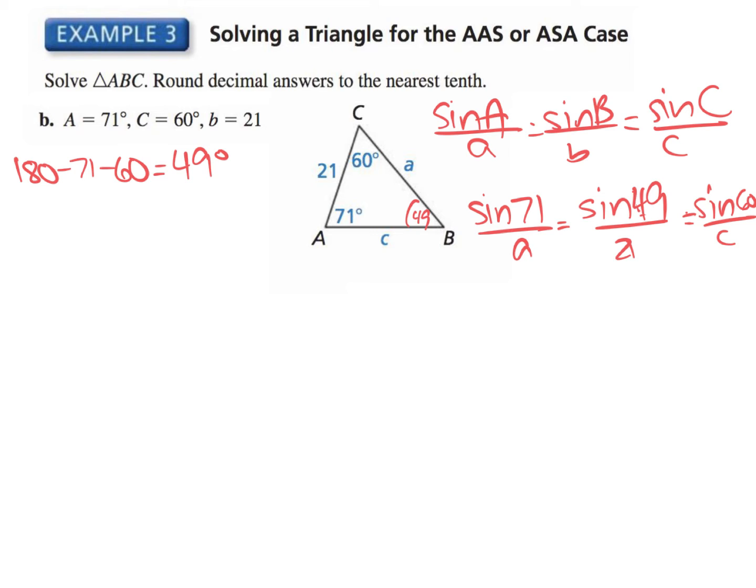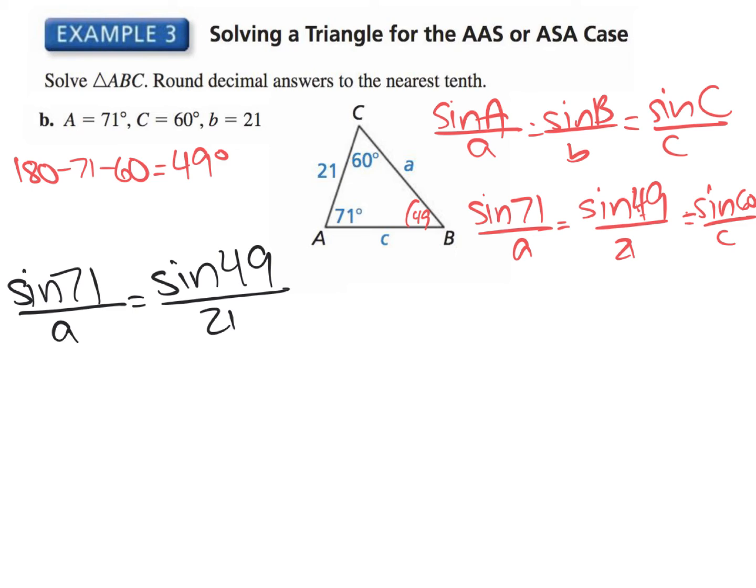I'm not the biggest fan of the way your book writes it out because it puts them side by side, and I think that could get confusing. So if you just take them apart and instead of trying to treat them as one humongous problem, treat it as two little problems. That's what we get. Then A times sine 49 equals 21 sine 71.